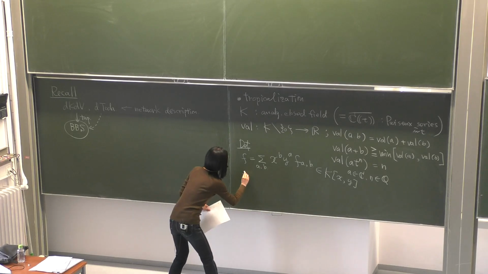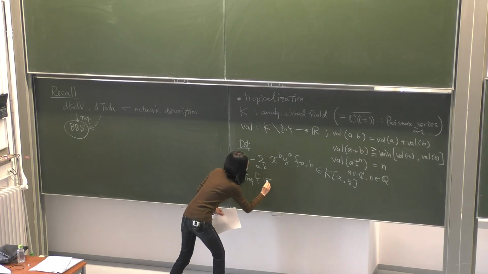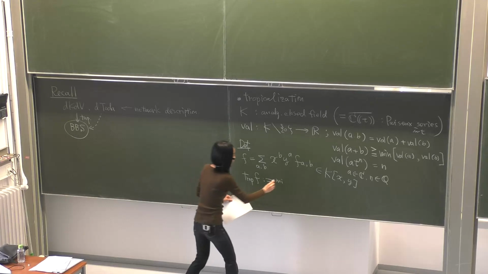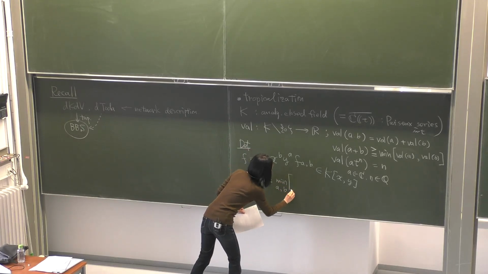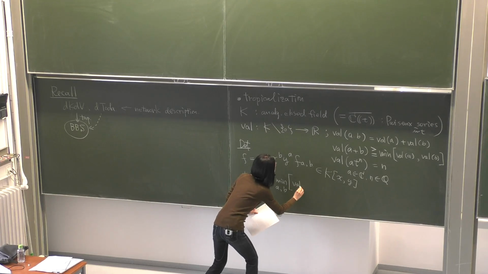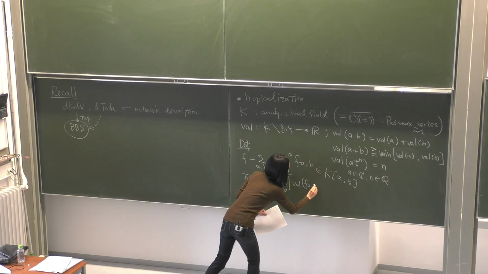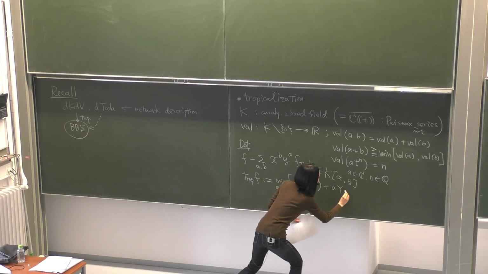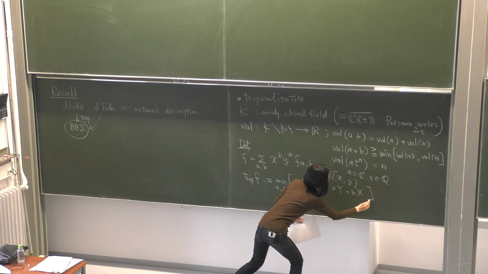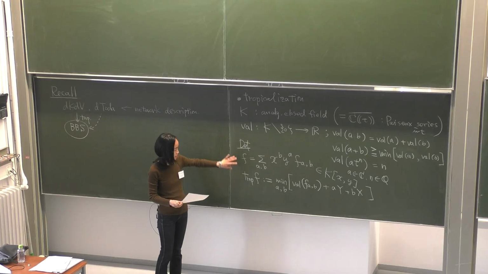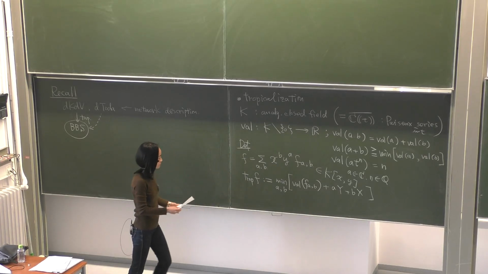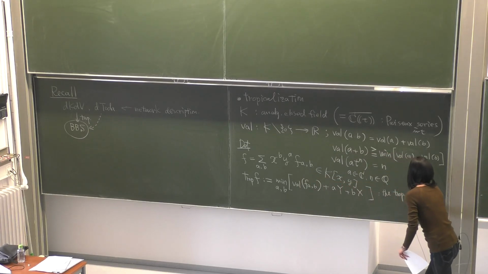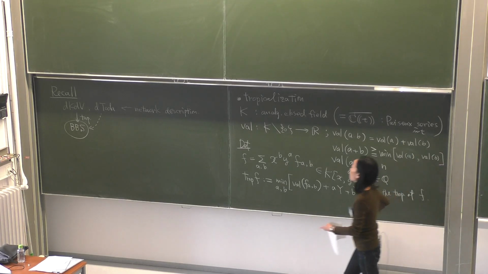We define the tropicalization of F as the following min-plus polynomial: the minimum of the valuation of f_{ab} plus a times y plus b times x. This is the definition of the tropicalization of this polynomial in x and y. I will use this later.